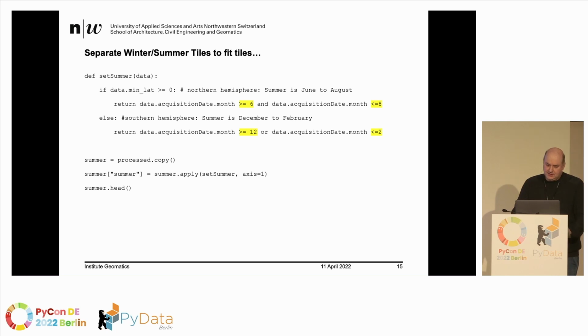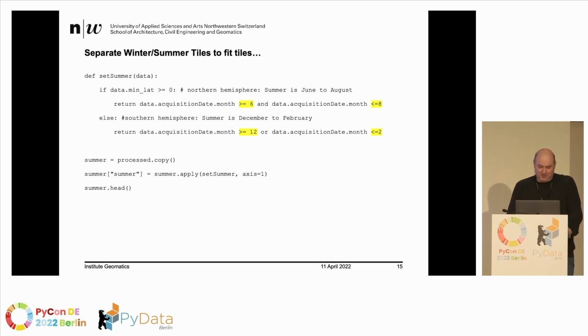But one thing I did is I want to have summer on all images. I don't want to have winter because the snow cover really varies among different years, and then it's really not that nice. So let's use summer, and for that I just take the acquisition months greater than 6 and lower or equal to 8 for the northern hemisphere, and of course winter on the southern hemisphere is different.